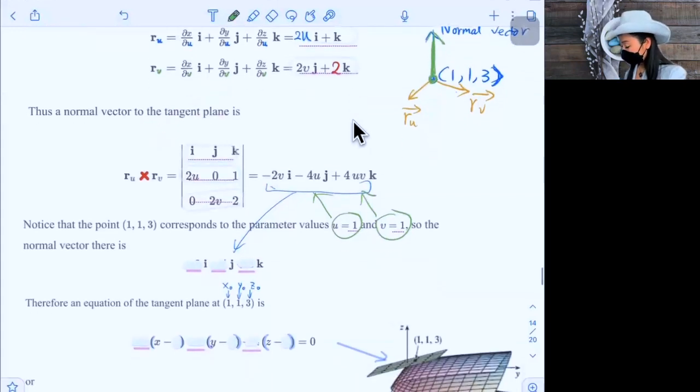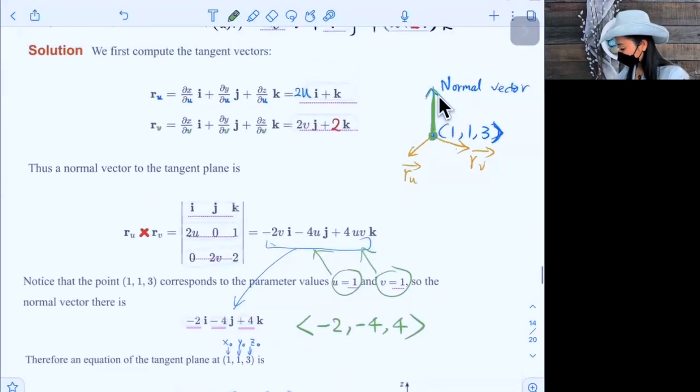So that will be negative 2, negative 4, and 4. Substituting this in here, the normal vector is actually the green one right there. So we found this normal vector to be negative 2, negative 4, and 4, at this point 1, 1, 3.